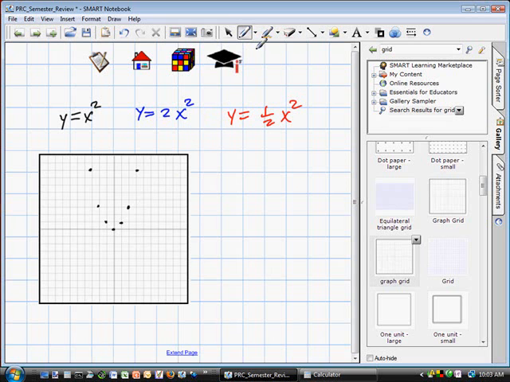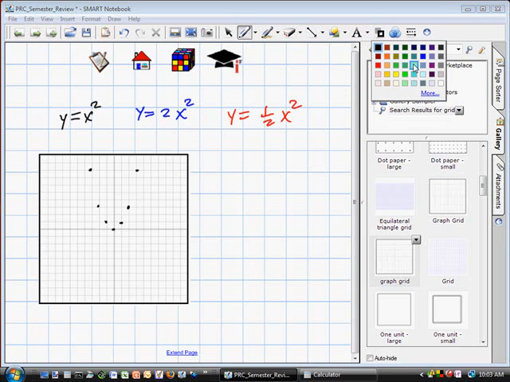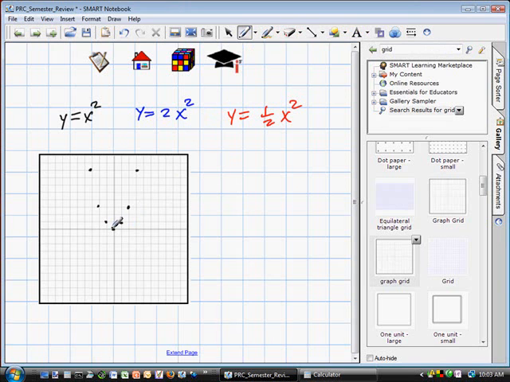Y equals 2x squared. Changing over to blue. Now, 0 is going to stay at the same place. And when you take 1 squared, you still get 1, but now when you double it, it becomes 2. 2 squared is 4, and 4 doubled is 8. And the other one's going to be off the map. 3 squared is 9, and doubled is 18. It's going to be somewhere up about here.